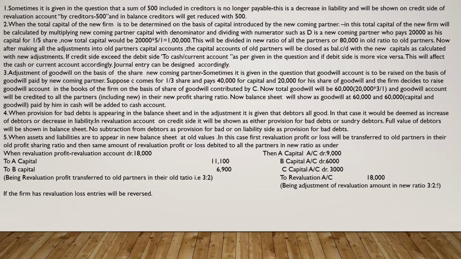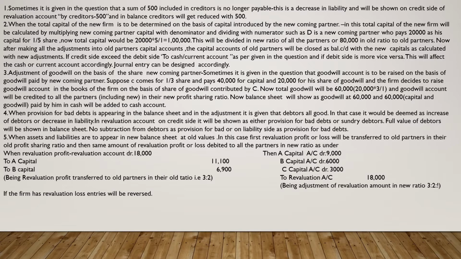In this, total capital of the new firm will be calculated by multiplying newcoming partner's capital with denominator and divided by numerator, such as D is newcoming partner who pays 20,000 as his capital for 1/5 share. Now total capital would be 20,000 into 5 upon 1 is equal to 1 lakh.